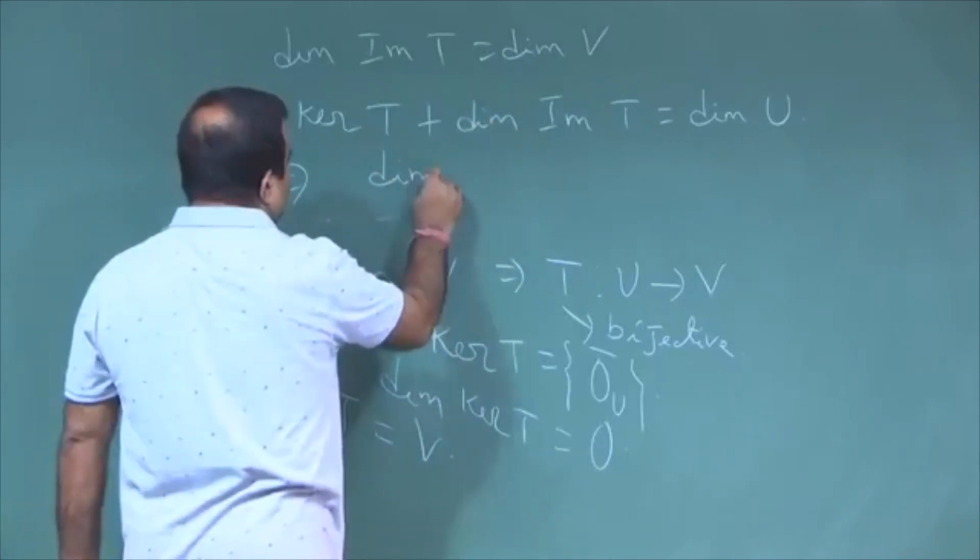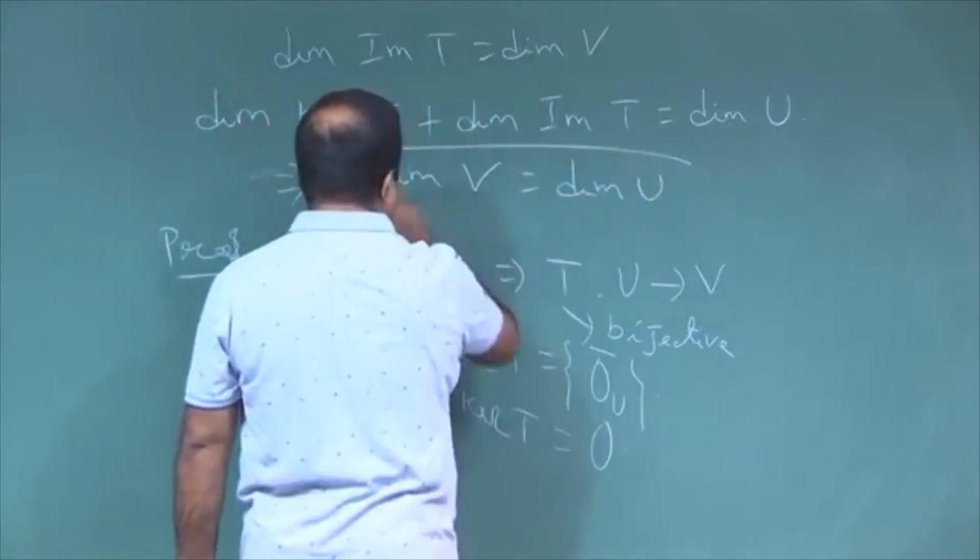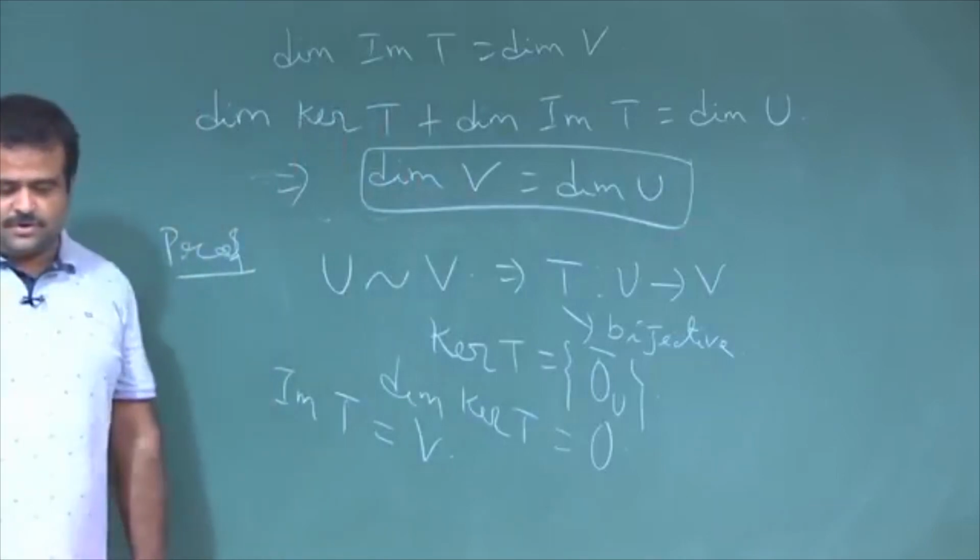So, the dimension of U is equal to the dimension of V. So, this is the first part of the theorem.